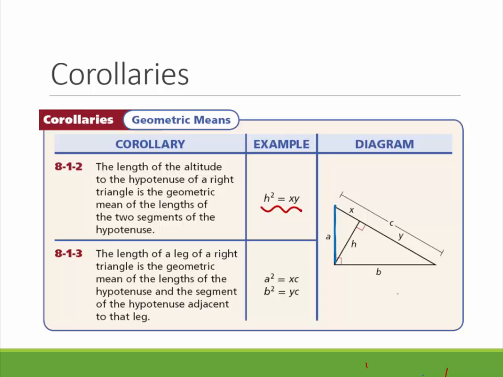I need to find the geometric mean of the whole hypotenuse and the segment right next to it. So the geometric mean of X and C gives me A. Where if I'm looking at the other leg of my hypotenuse, this one down here, this B, it is equal to the geometric mean of the whole hypotenuse and the segment right next to it, the Y.